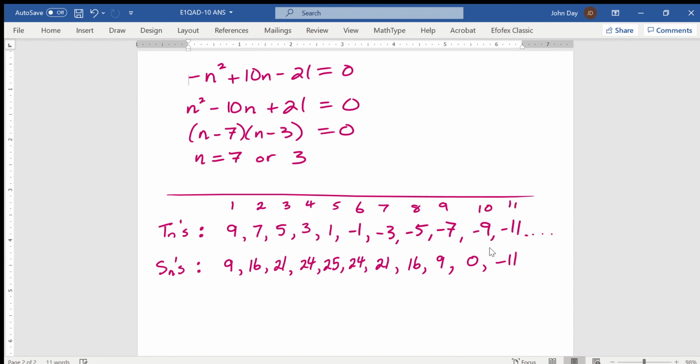Up to which ones do you get a sum of 21? Well, here's a sum of 21. Which term is that? The third term. But here's also a sum of 21. Which term is that? The seventh term. So it does make sense that there's two possible answers.